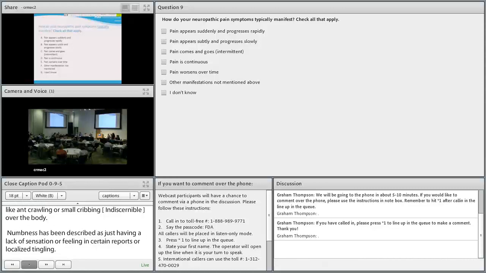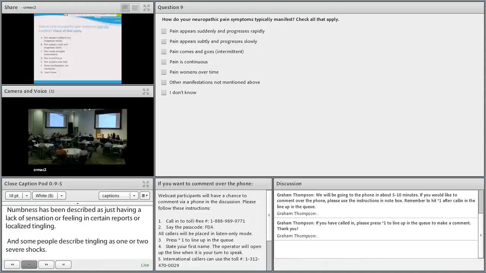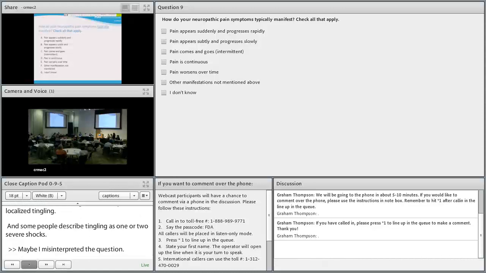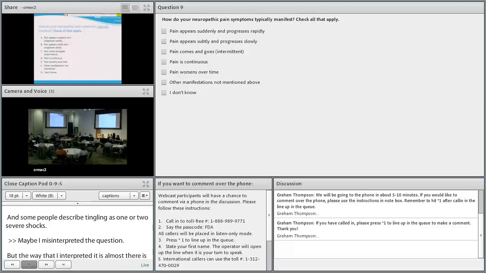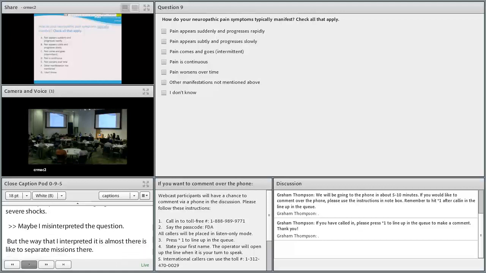Yeah, maybe I misinterpreted the question. But the way I interpreted it is almost there's two separate questions there, right? And so I think if you were to break it apart a bit and phrase it as, if we're thinking about priorities, should it be symptom management or figuring out a way to actually alter the underlying disease process?